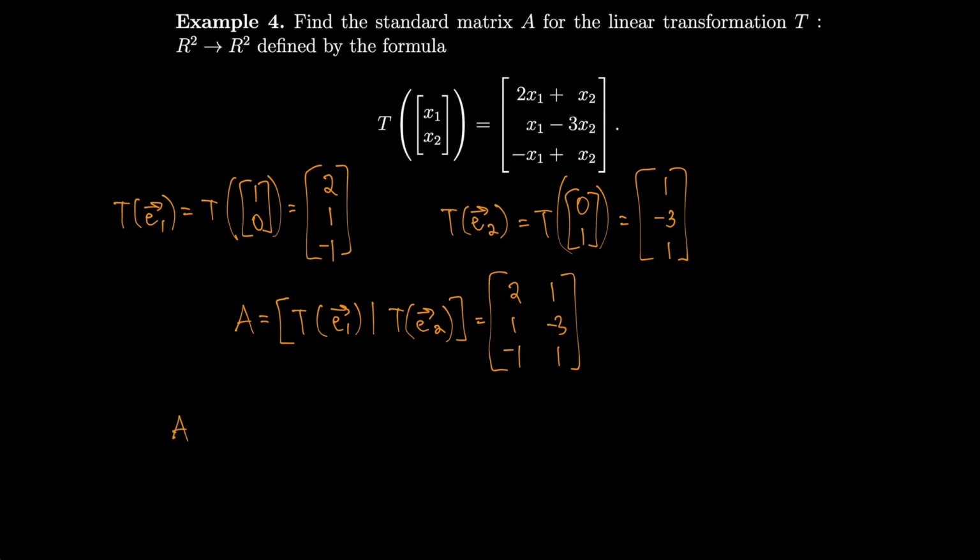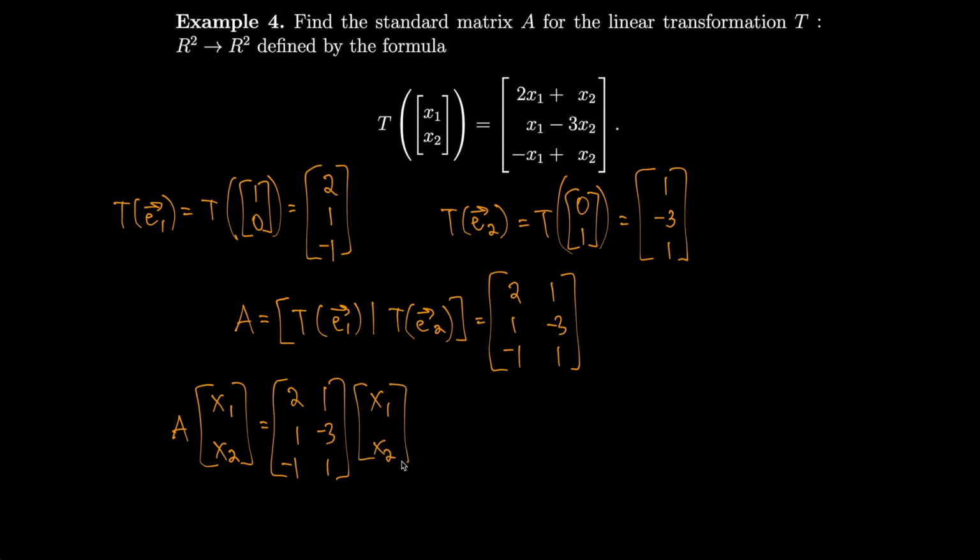This means that A applied to x1, x2 is the matrix with columns 2, 1, minus 1 and 1, minus 3, 1 applied to x1, x2 for this transformation.